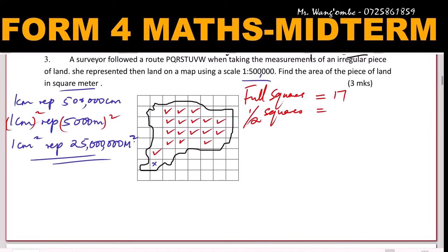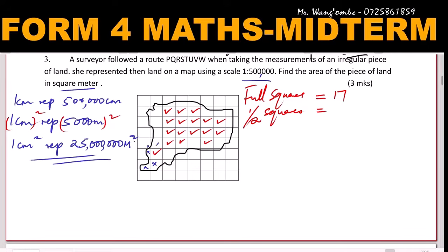We have this one, 2, 3, then there is this one here that has been touched. So that one is another square, it has been touched, you can see that. So 1, 2, 3, then you have this square 4, then I'm marking outside, because there's a very small part of that square that has been touched.